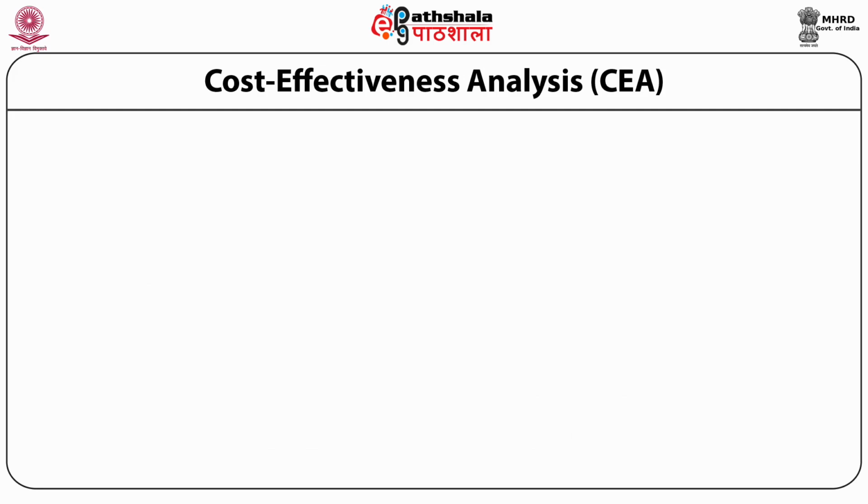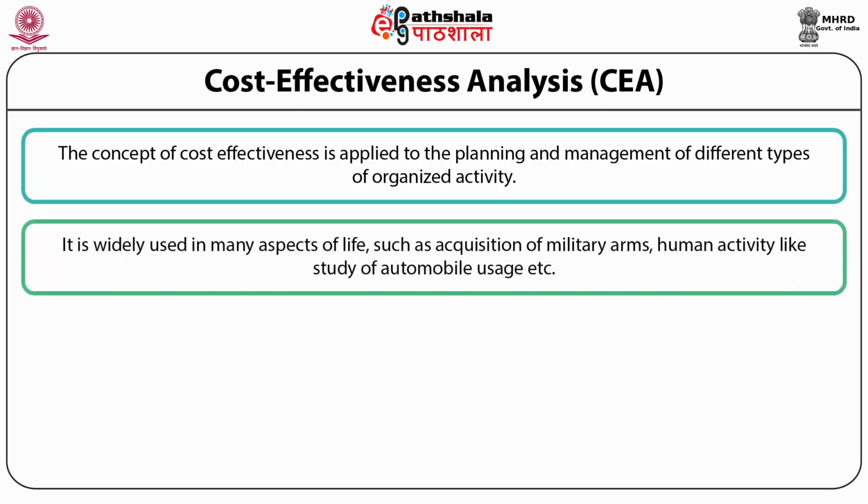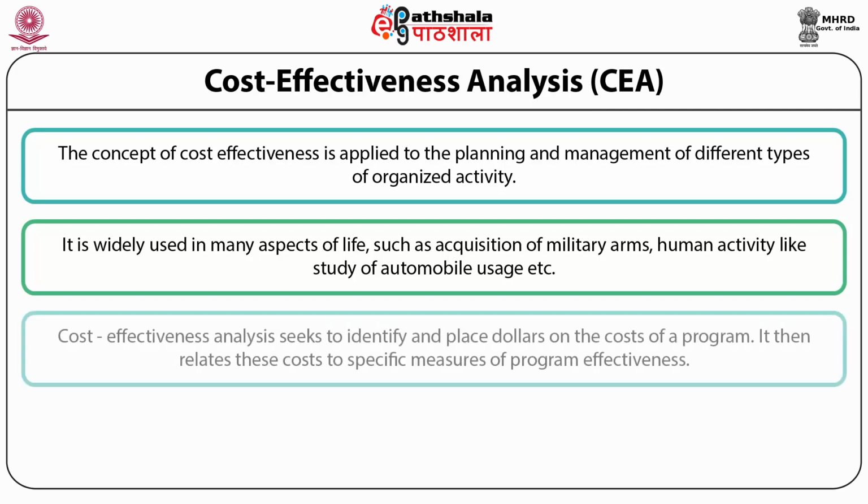Next we will see cost effectiveness analysis, that is called CEA. The concept of cost effectiveness is applied to the planning and management of different types of organized activity. It is widely used in many aspects of life, such as acquisition of military arms, human activity like study of automobile usage, etc. Cost effectiveness analysis seeks to identify and place dollars on the costs of a program.